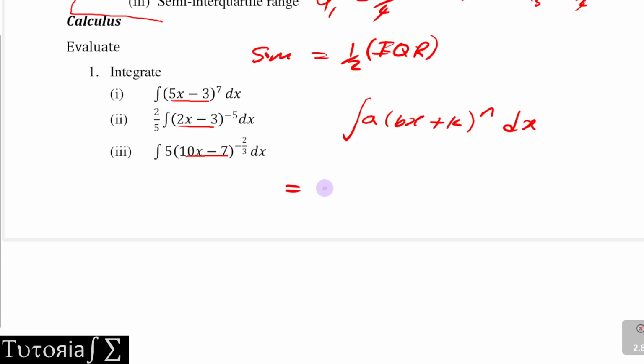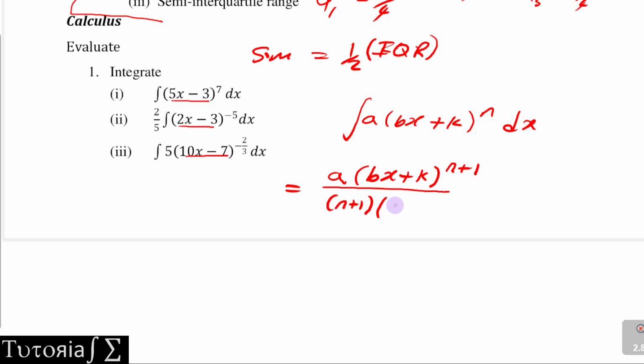The answer will be, first of all, the numerator will have a, then we'll have bx plus k, then the power will be n plus 1, then again this power n plus 1 will be multiplied here, then you differentiate what is inside the brackets.